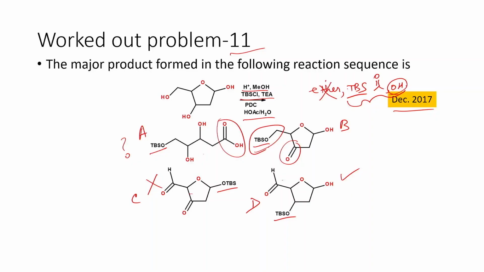So in other words, this is the one which is protected as the primary hydroxyl, and the secondary hydroxyl is protected in D. So this may not be the right choice, because TBDMS protection happens on the primary hydroxyl very effectively, and that is the most important reaction that is happening. So B could be a logical product that we can assume by ruling out all the other possibilities that may not happen. Based on that, let us work this out and find out whether B is our final product or not.